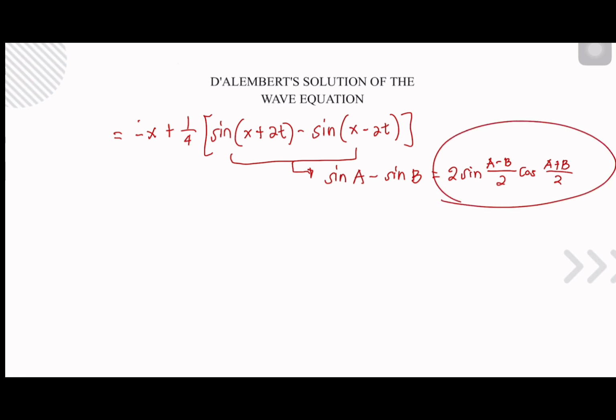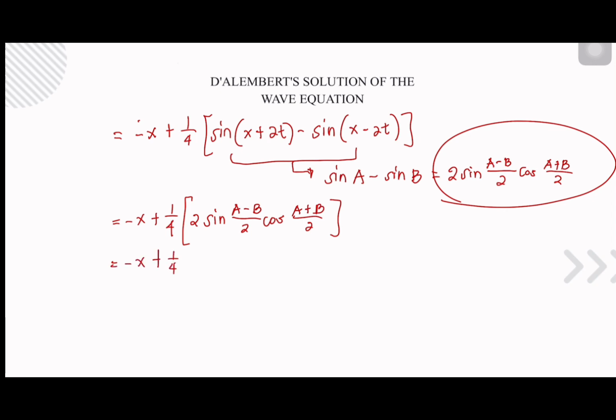And substitute this formula, negative x plus 1/4 of 2 sine of (A minus B) over 2 times cos of (A plus B) over 2. Simplify it.